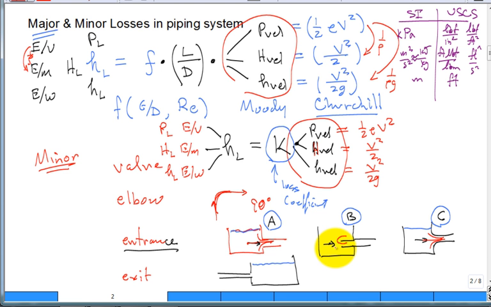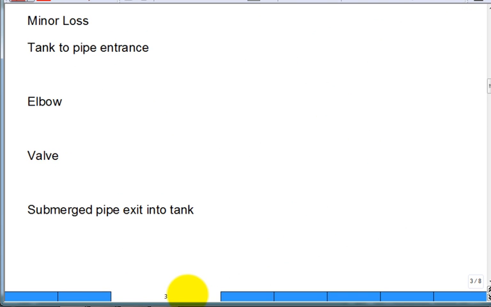Okay, elbows and valves. The valve K depends on where it's at: is it fully open, what type of valve it is, and what degree of closure it has. So we just talked about the tank entrance, the elbow, the valve, and a submerged pipe. What's submerged? The outlet of the pipe that goes into the tank.